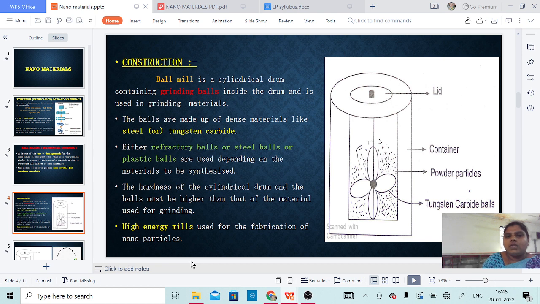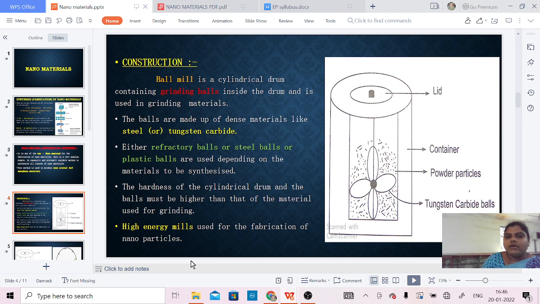The ball mill is a cylindrical drum containing grinding balls inside the drum, and it is used in grinding materials. There is a lid, a container with powder particles, and the tungsten carbide balls, which are used to grind the materials finely. The balls are made up of dense materials like steel or tungsten carbide.